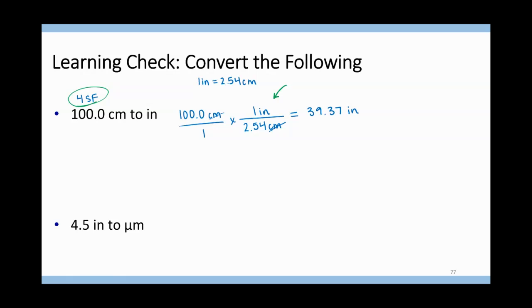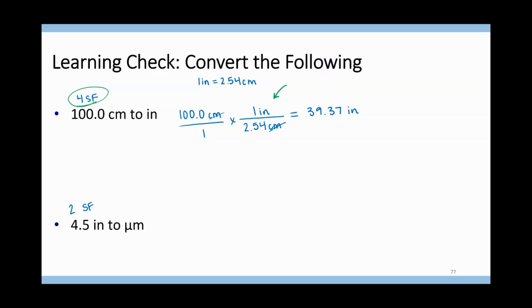For the next one, just looking at the number, I'll write here we have 2 sig figs, so we know to have 2 sig figs in our answer. We are converting inches to micrometers. We know from the 2 previous examples how to convert from inches to centimeters.